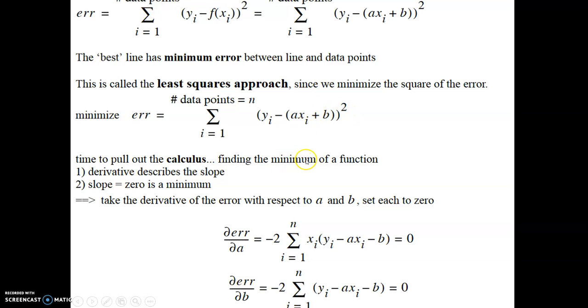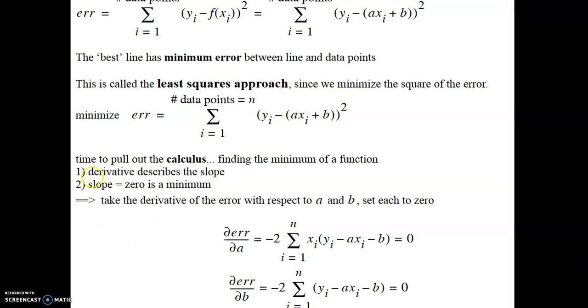Now it's time to find the minimum of a function. How to find? Whenever a line is there, the derivative describes the slope of the line, and to find the minimum or maximum value, we always equate the derivative equal to 0.